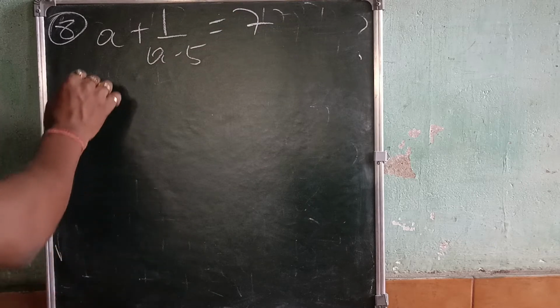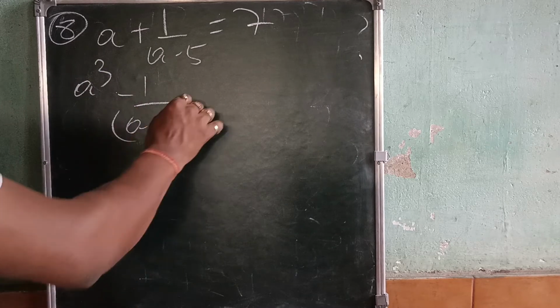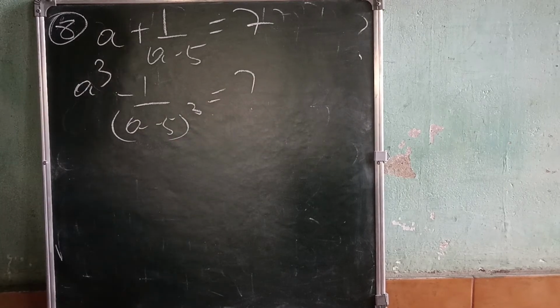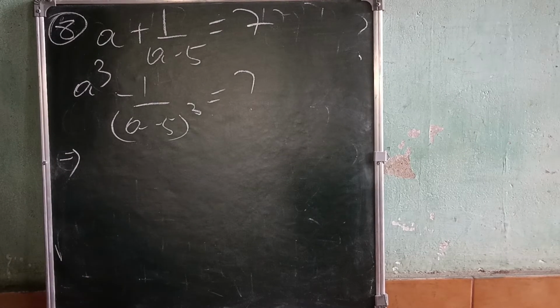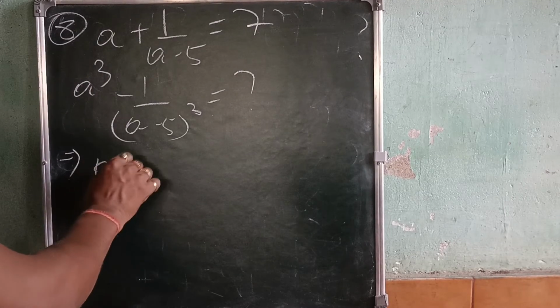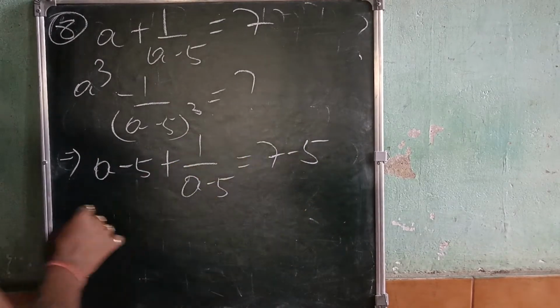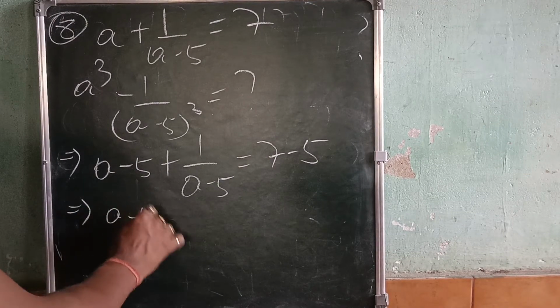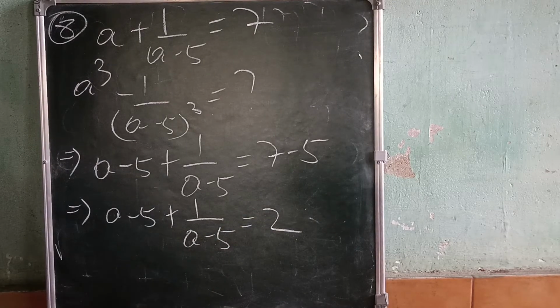And here the asking question is a cube minus 1 by a minus 5 to the power cube, how much, right? When a is given, you try to convert it into the format like x plus 1 by x is equal to 2. So you have to consider here, see, a minus 5 plus 1 by a minus 5 is equal to 7 minus 5. The format you have to consider here, a minus 5 plus 1 by a minus 5 is equal to 2, right?